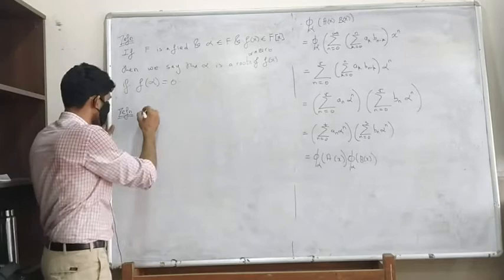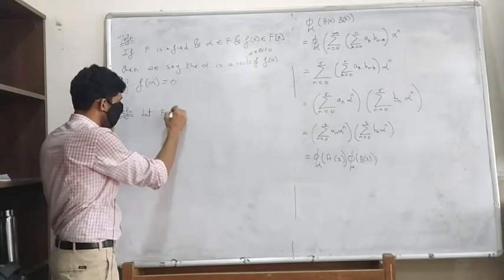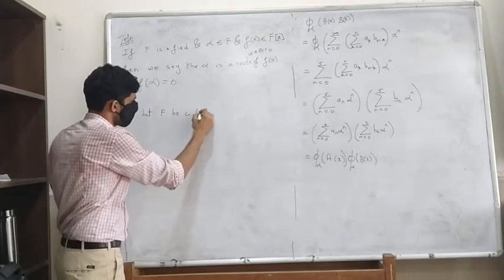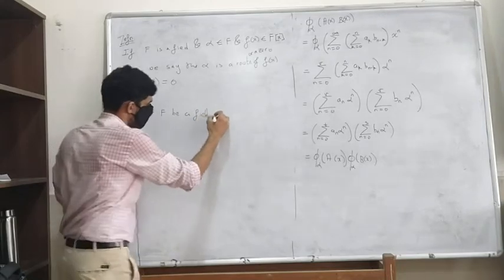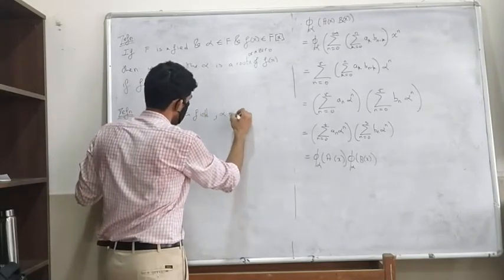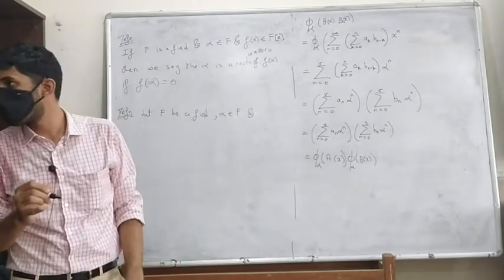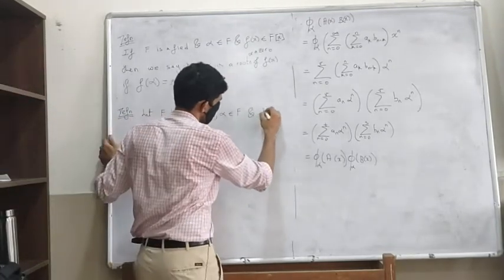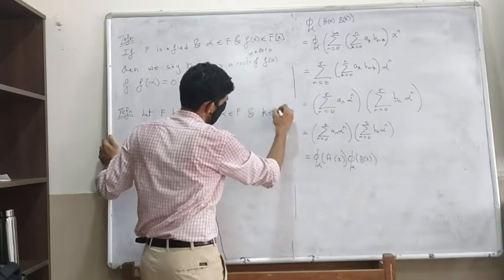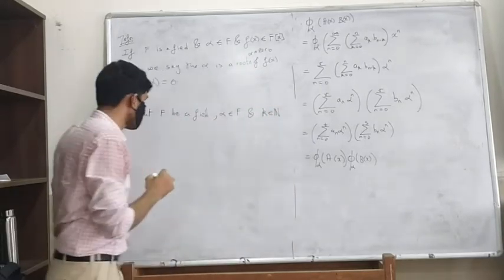So let F be a field, alpha belong to F, and let k be an integer.